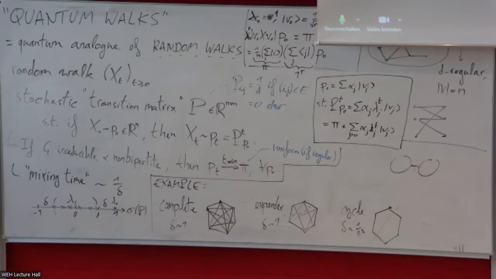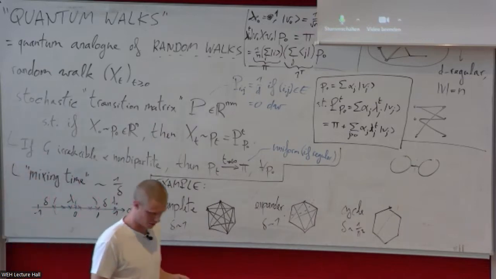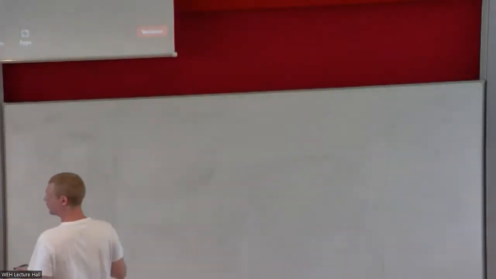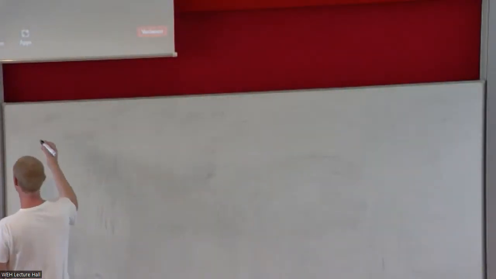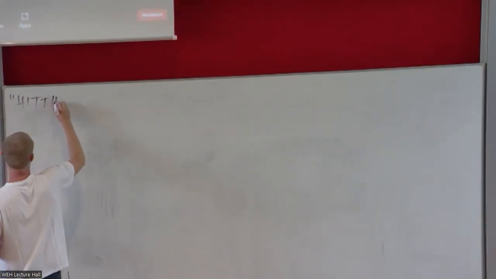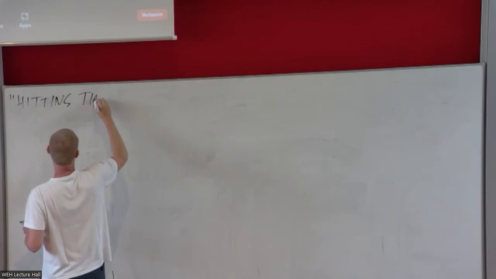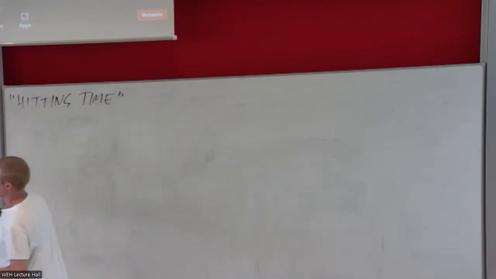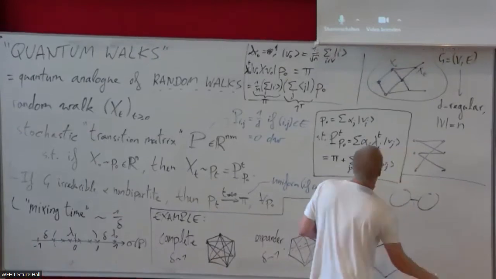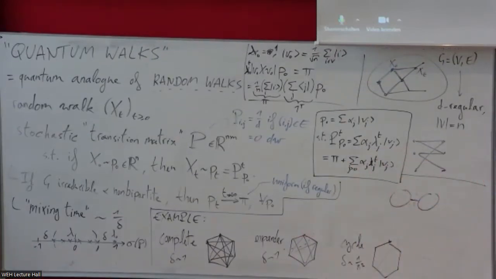Okay, any other questions? If not, let's talk about a sort of dual quantity, which we call the hitting time. I call this a dual quantity because in mixing, we start from a vertex x0 and we want to go to the uniform distribution, so we want to spread out.